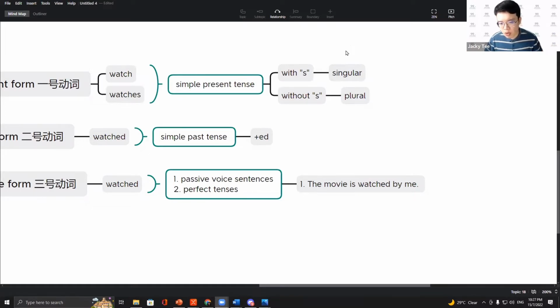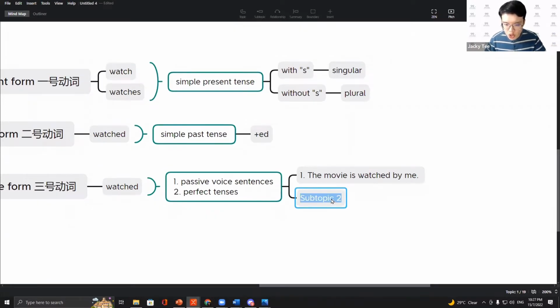Okay. Let me give another example for number 2, which is the perfect tense. Okay. I'm trying to use a present perfect tense in the sentence. I have watched the movie. All right. So this sentence basically uses present perfect tense. Okay, let me give you a little bit of information about this present perfect tense formula.